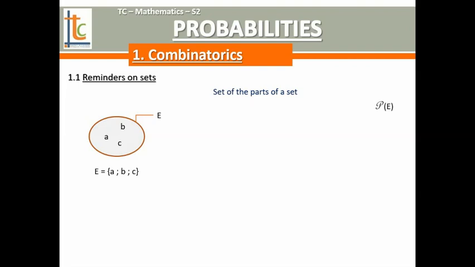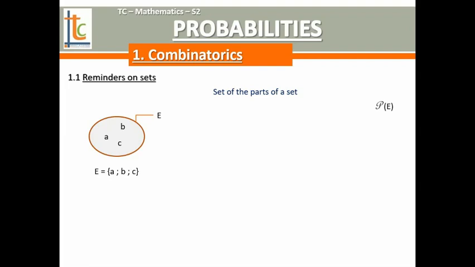If your initial set is E, that contains the 3 letters A, B, C, the set of the parts of E is the set P of E that contains every possible part of E. If you think of a set as a bag, you are taking an empty bag, and you have to take whatever you want from the set E to put in your bag.